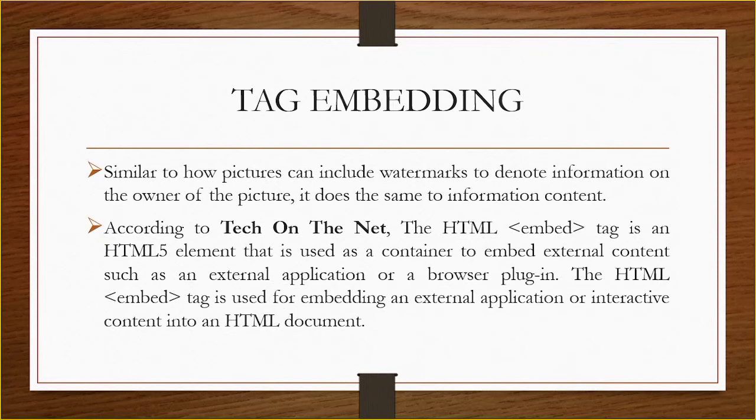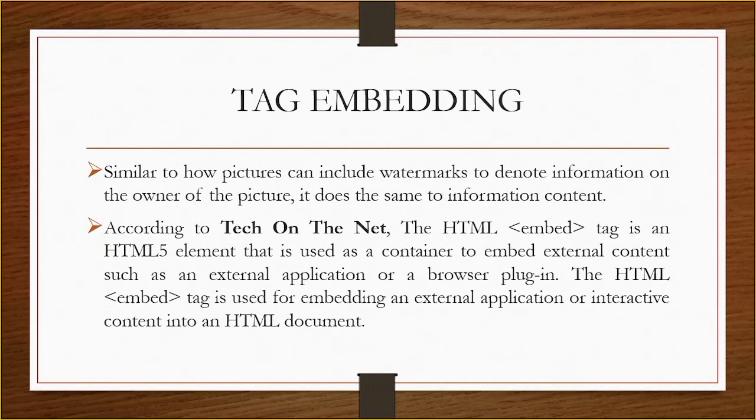Next is tag embedding. Tag embedding is also defined as marks to denote information on the owner of the pictures. It does the same with information content. Another one is defined differently.